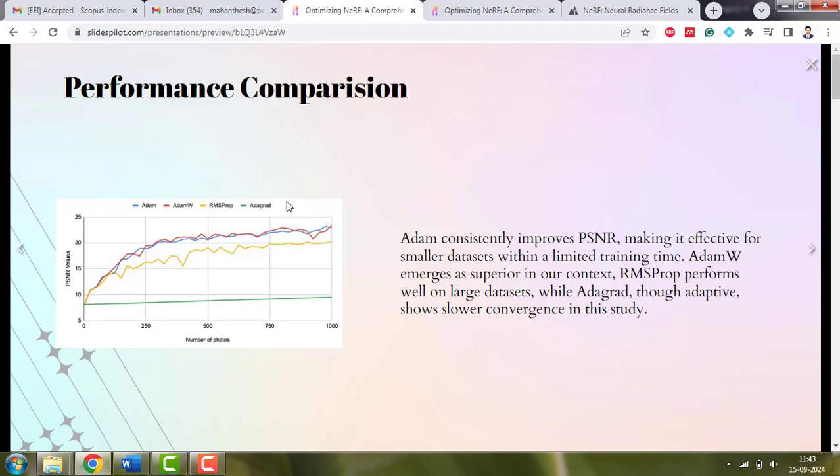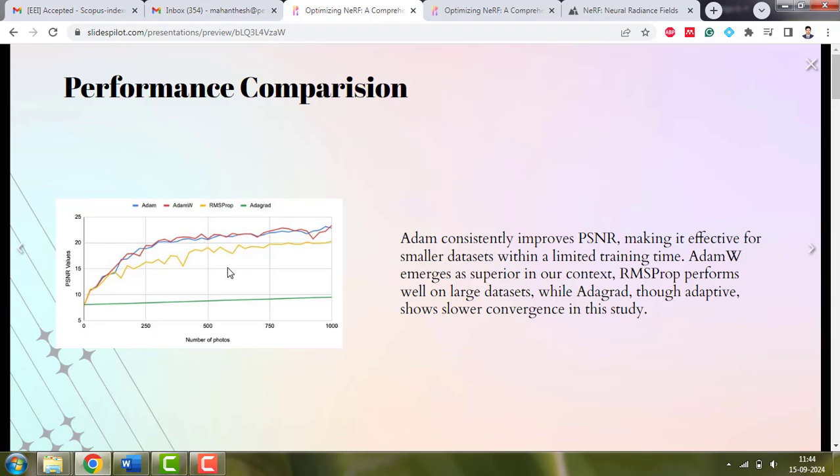So comparing all four different NeRF optimizers, we have a comparison of the PSNR values in a single table. But if I would like to conclude with a comparison of all these, Adam consistently improves PSNR.